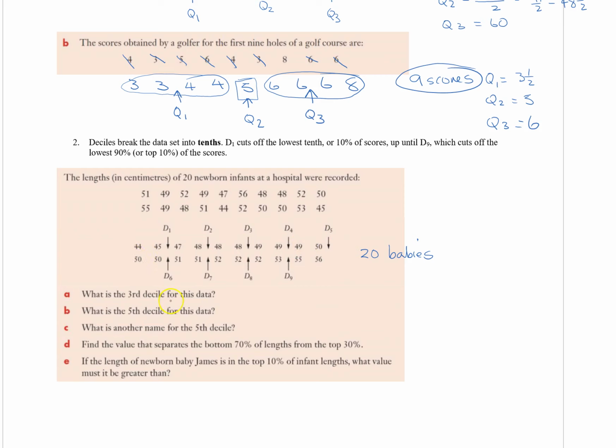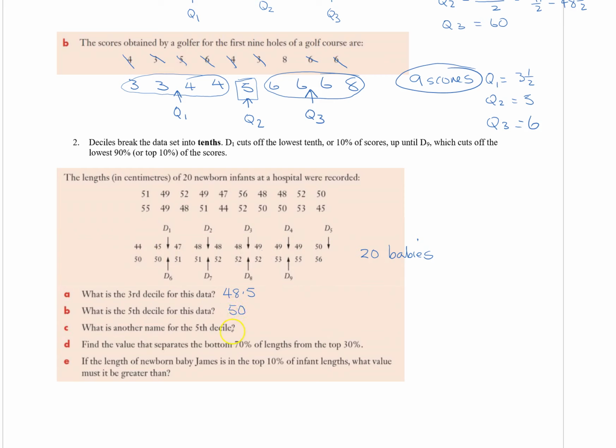Says, what is the third decile for this data? The third decile is here. It's between 48 and 49, so it's 48.5. What's the fifth decile? It's between 50 and 50, which is 50.